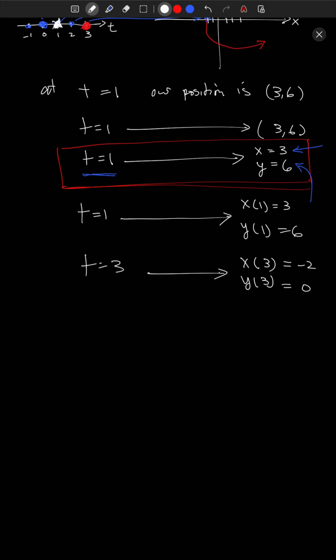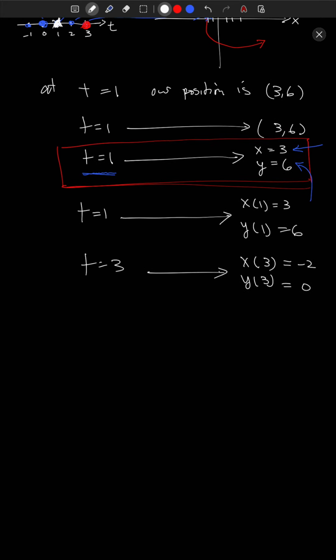So essentially, what this discussion tells us is that we can describe our position in time using two functions, x of t and y of t. These two together describe our position at time t.